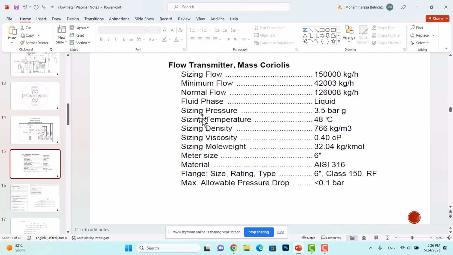Here you can see the operating temperature, and the operating pressure is 3.5 bar gauge, and some physical properties of the fluid which should be measured. The maximum allowable pressure drop should be this value, and this meter is going to be put into a line with a diameter of 6 inches.